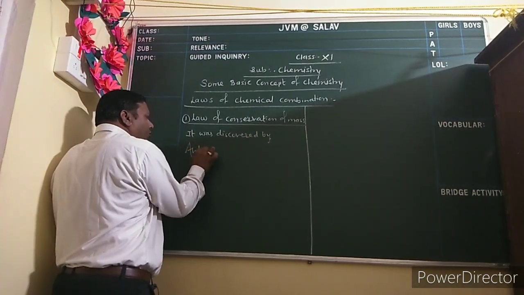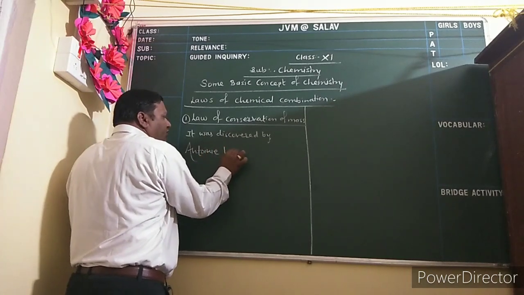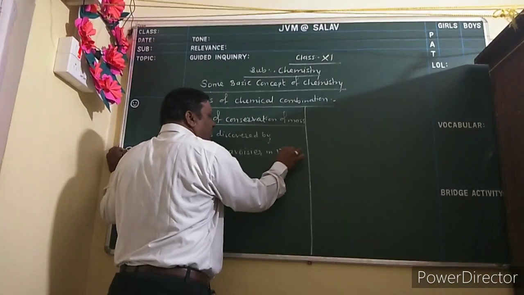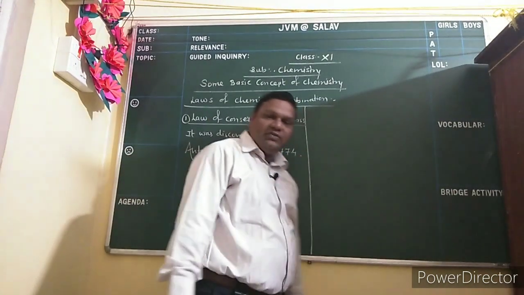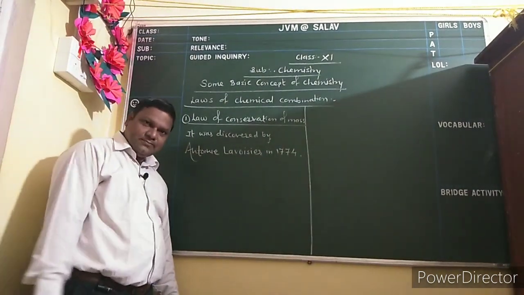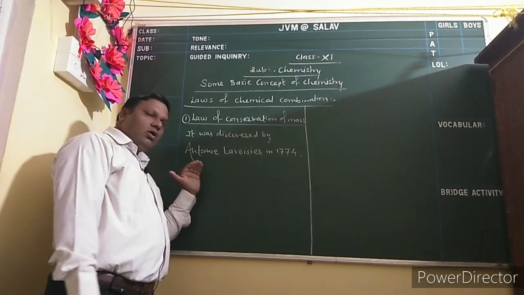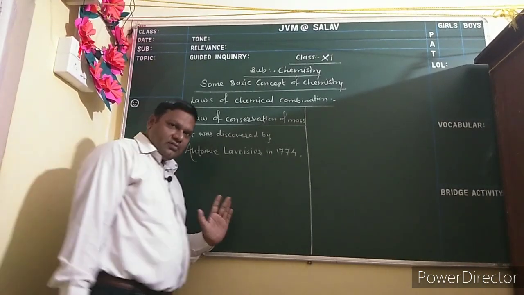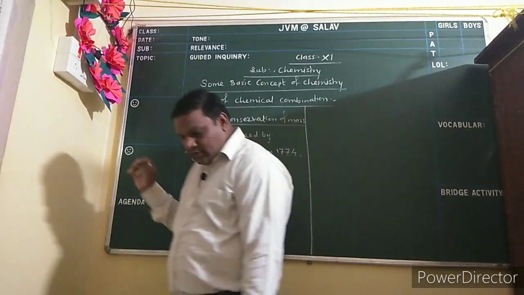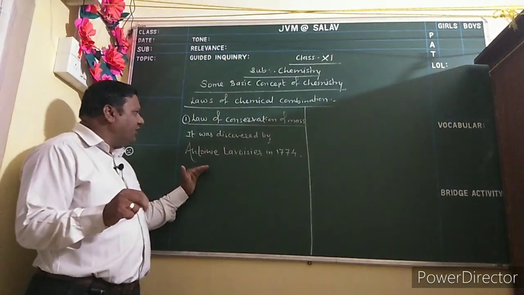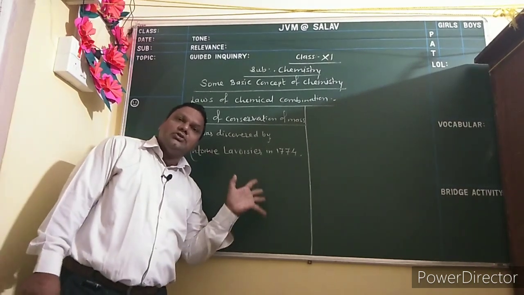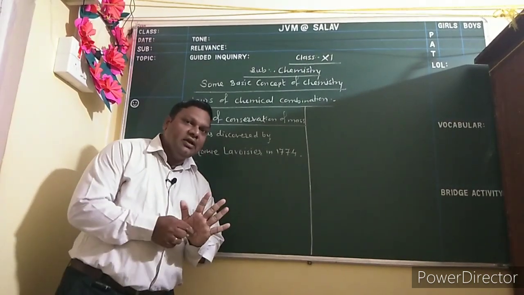The law of conservation of mass was discovered by Antoine Lavoisier in 1774. It states, listen carefully, that the mass of reactants is equal to the mass of products in a chemical reaction.